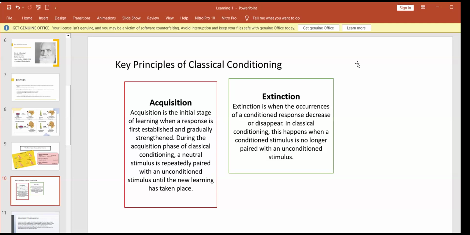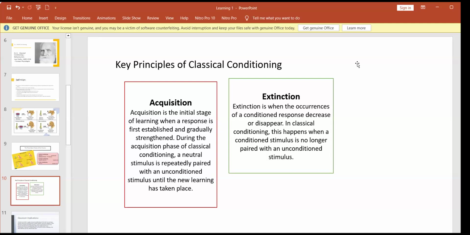But there is a possibility that after some time, there can be a gradual decrease and disappearance of the conditioned stimulus and conditioned response, the new learning, as there is no more pairing up or association. After some time, this gradual disappearance can happen. That is termed as extinction.